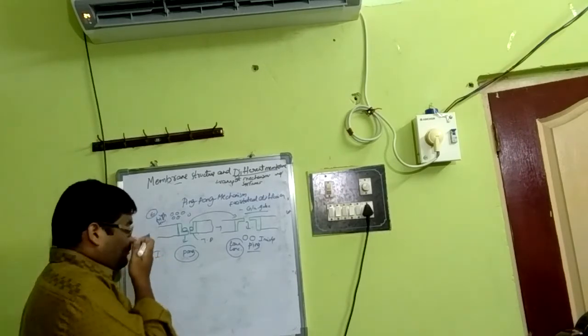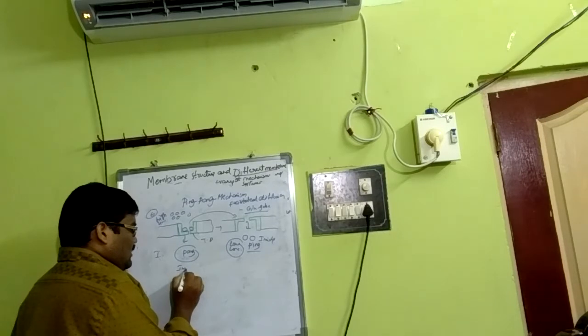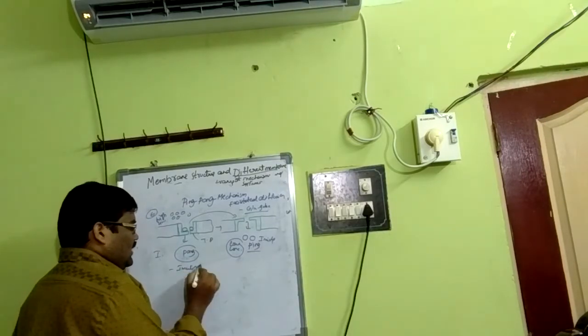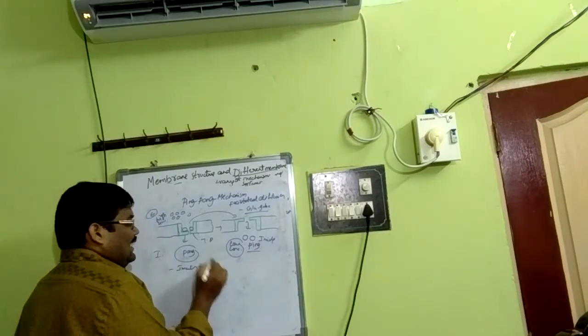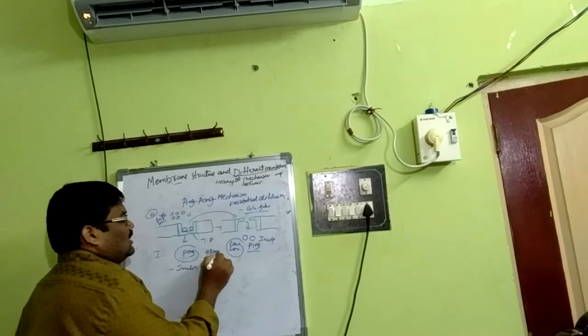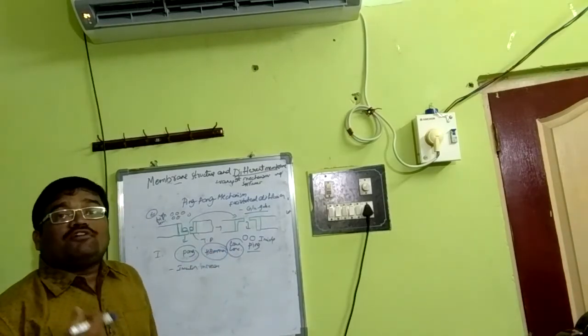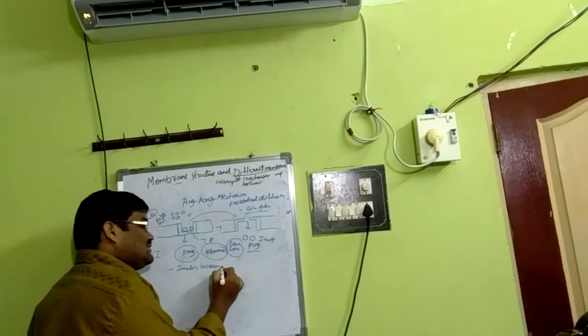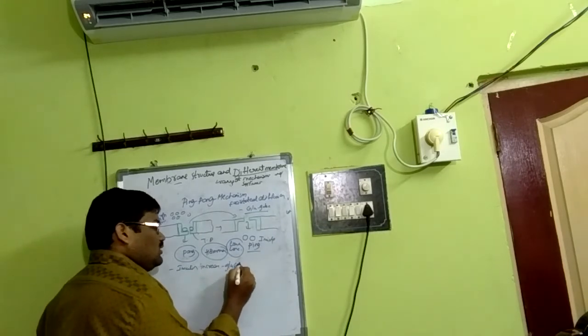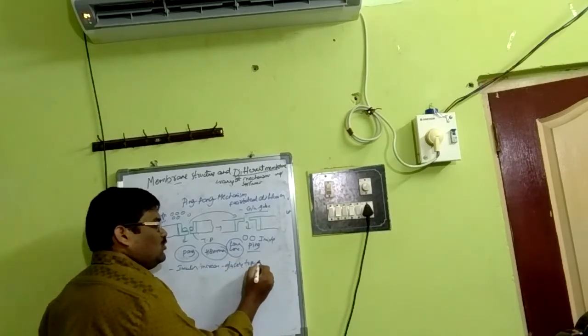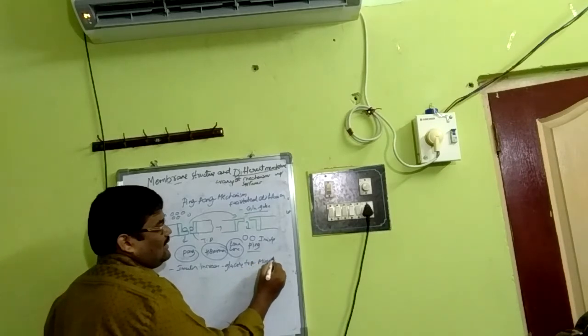For example, you know how it works? Insulin increases, that means facilitated diffusion is under the control of hormones. For example, insulin increases glucose transport in muscle and adipose tissue.